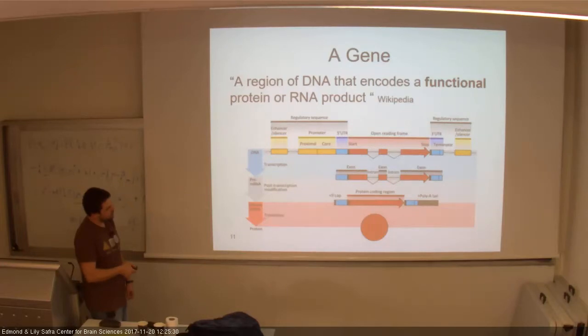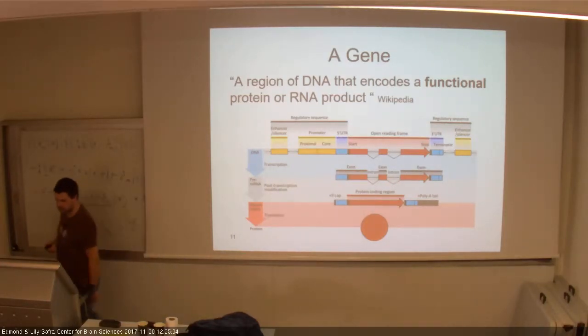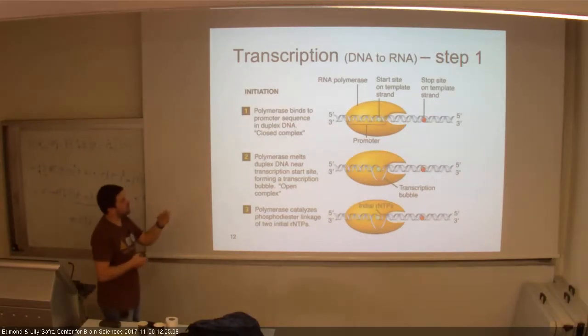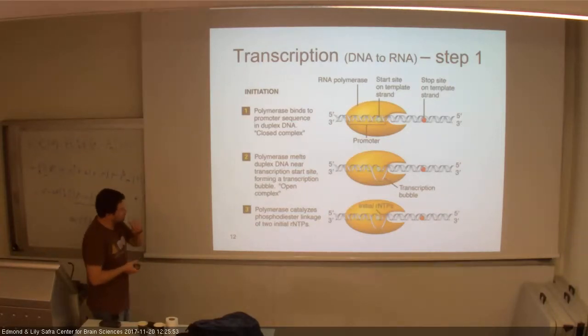The coding region is what translates into the functional protein in the end. The transition from the level of the DNA to the level of the mRNA, transcription, we divide into steps, but it's actually a continuous process that you can also divide into sub-steps.